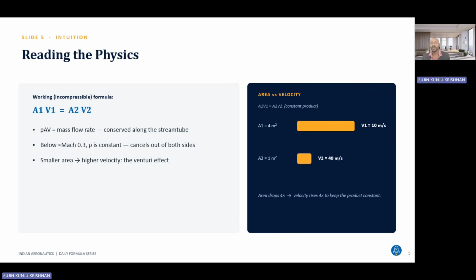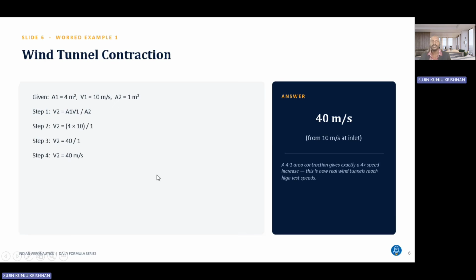And it's exactly why a Venturi tube or your thumb over a garden hose makes water shoot out faster. Let's use this simplified formula on two classic aerodynamic examples, a wind tunnel contraction and a Venturi tube.